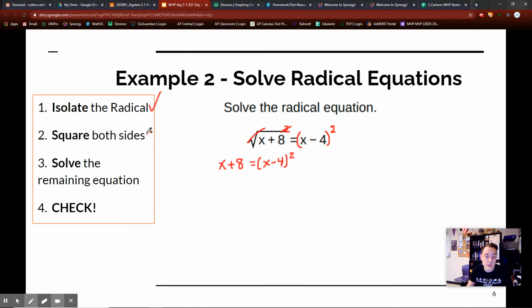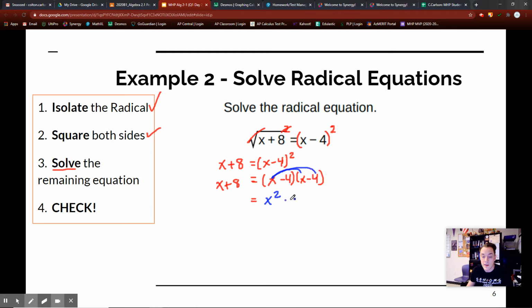So now, after I squared both sides, I'm going to actually solve the equation. How do I solve it? Well, the left side is chilling right now. I'm not going to do anything with that. I need to actually simplify the right side. And since it's squared, that means double of. So I'm going to make sure it's double of that. What does that mean? Well, when we start simplifying this out, I have to FOIL. The first is x times x, which is x squared.